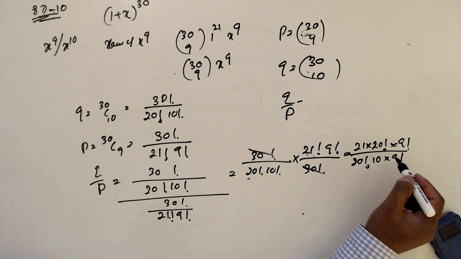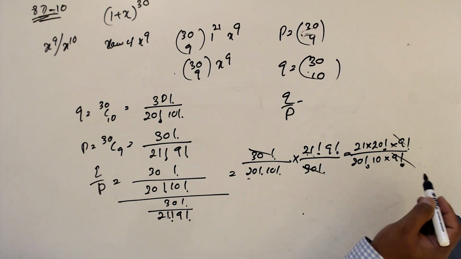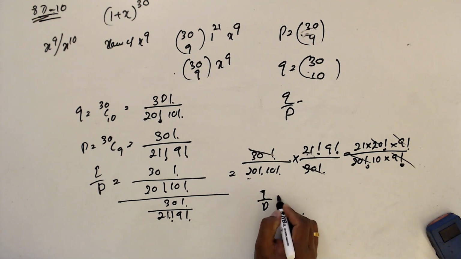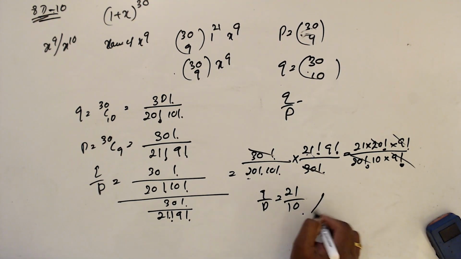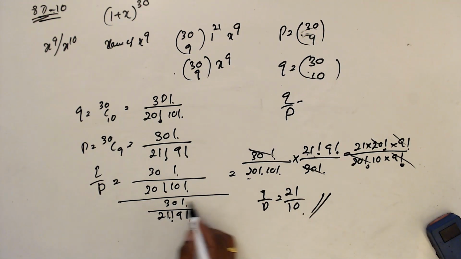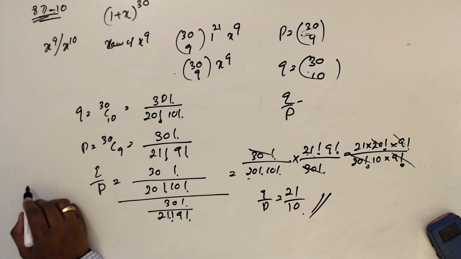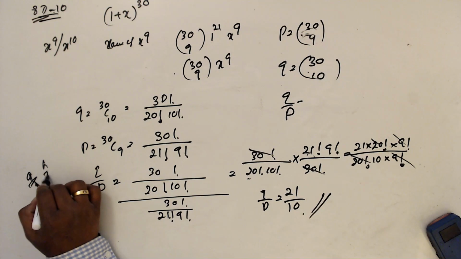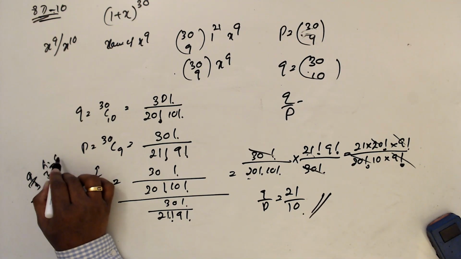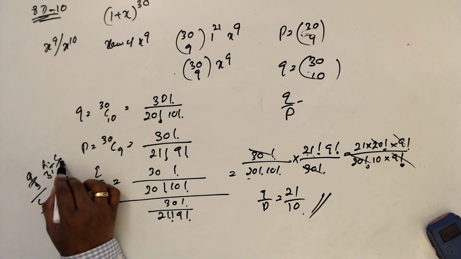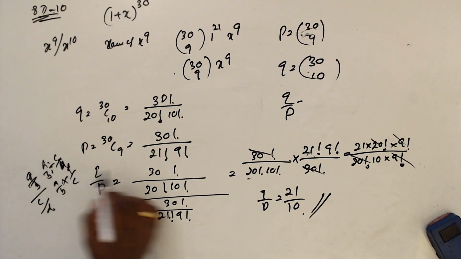Now we can cancel out these terms. So Q divided by P equals 21 over 10. Here this is a division, right? A over B divided by C over D means A over B multiplied by D over C. That is the theory I use here.